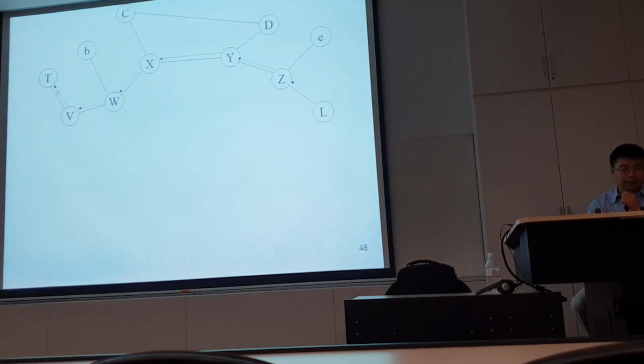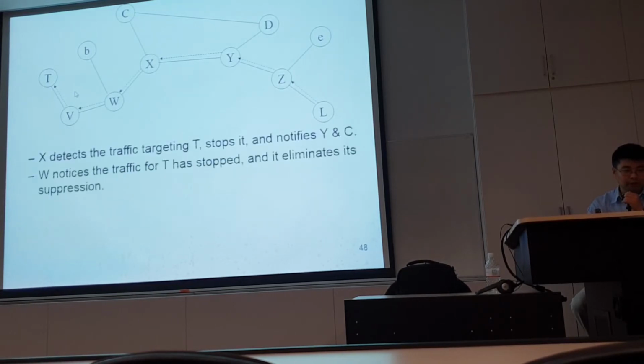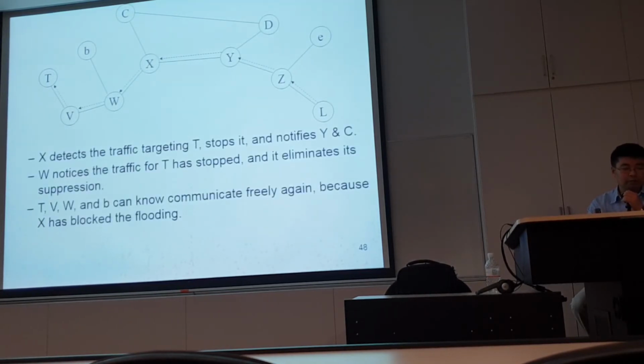When the intrusion detection system detects an intrusion at node T, it can inform the previous node to block some particular traffic or all the traffic. T will first block the traffic, and then inform W. Then W will block all the traffic and inform T. Once W blocks the traffic, V and T can recover and start the communication.